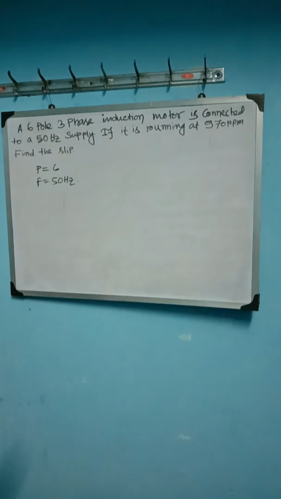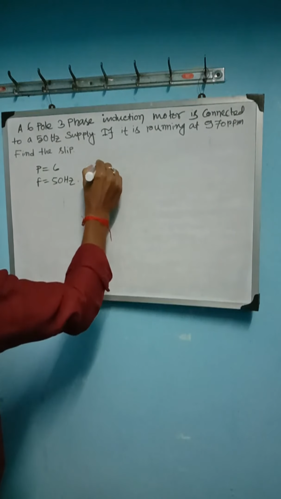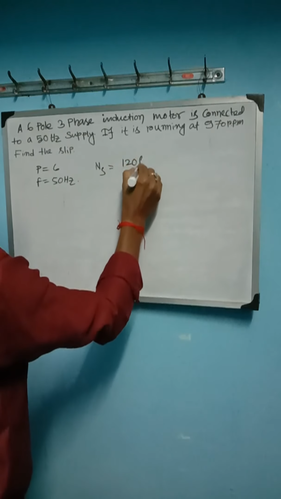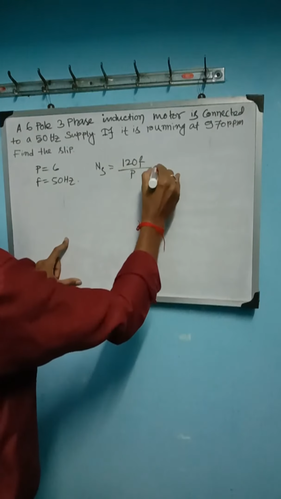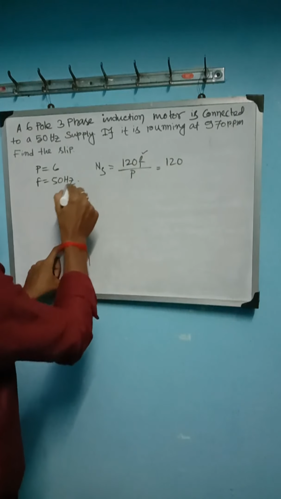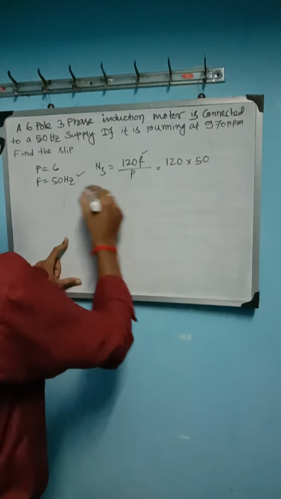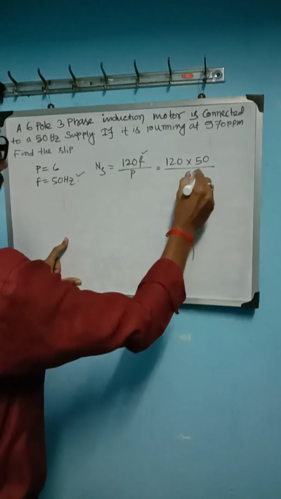Now we can easily find the synchronous speed Ns, that is 120 F by P. Here F equals 50 Hz, so 120 into 50 divided by the number of poles, which is 6.